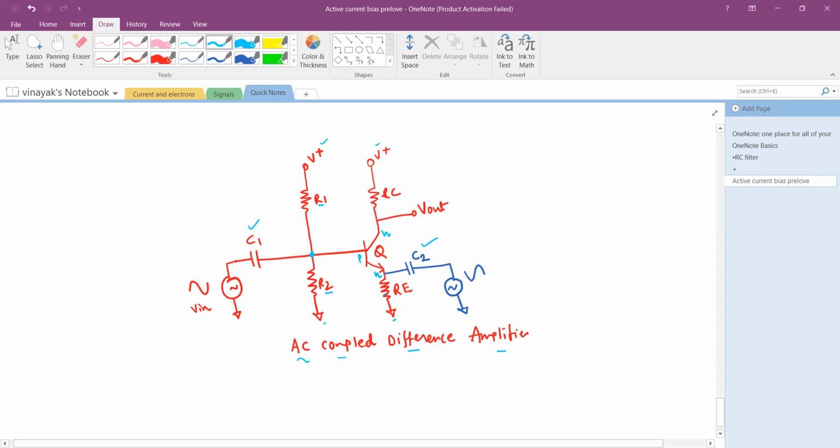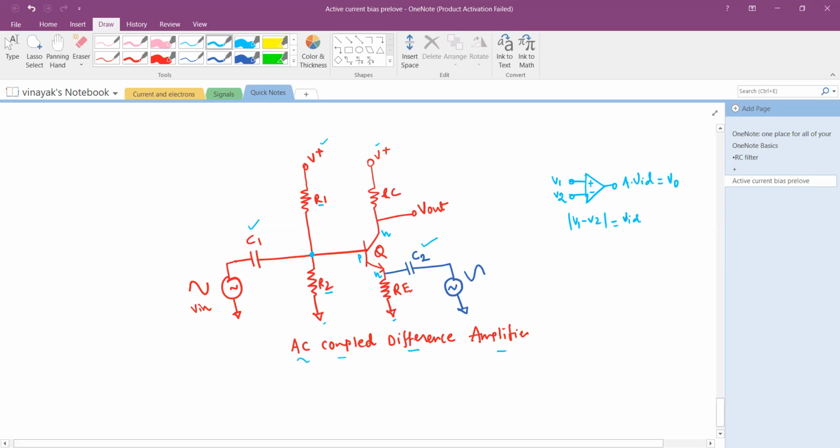In our previous modules, we just recently covered the topic of the difference amplifier, or differential amplifier, where we symbolically represented the amplifier in this way. We said there is a V1 and V2 as two inputs, and the difference between them is called VID, and the output of such an amplifier is gain times VID.